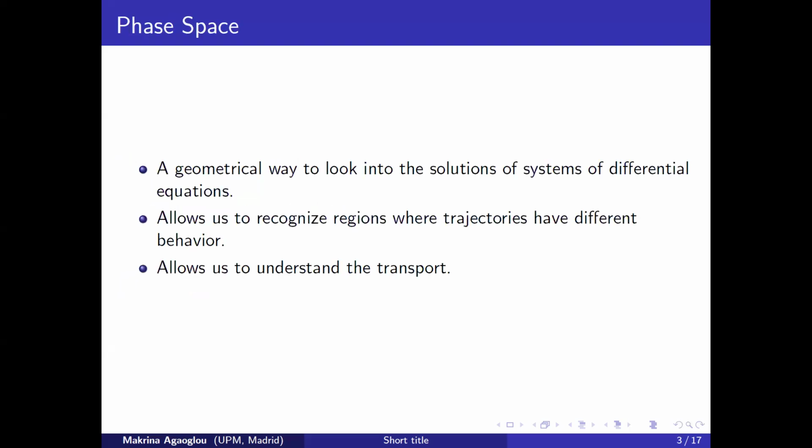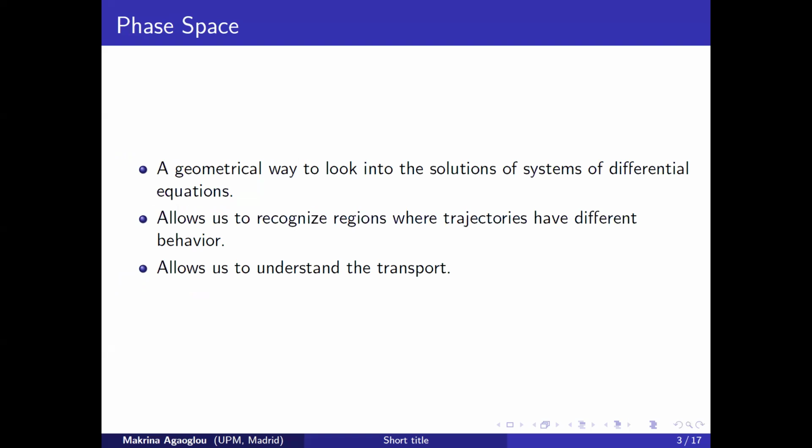So the phase space. Phase space structures are a geometrical way to look into the solutions of systems of differential equations. And this idea about this geometrical way to look into the solutions was introduced first by Poincaré in the context of celestial mechanics. And given that dynamical systems have many applications in many areas, these ideas of Poincaré have a lot of impact in many areas.